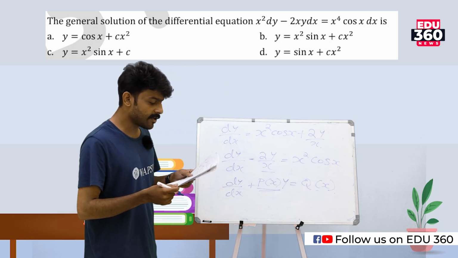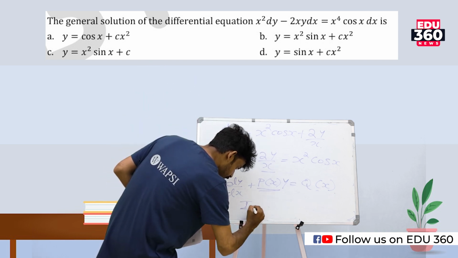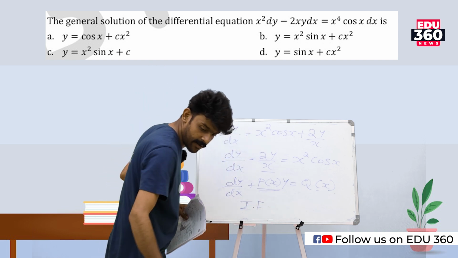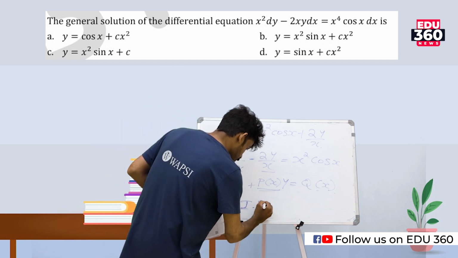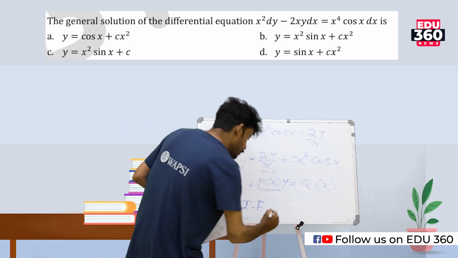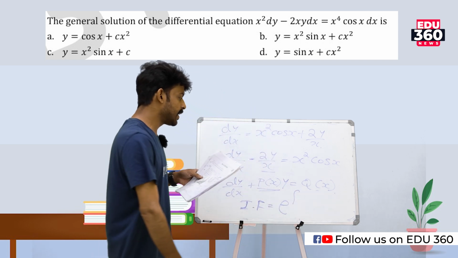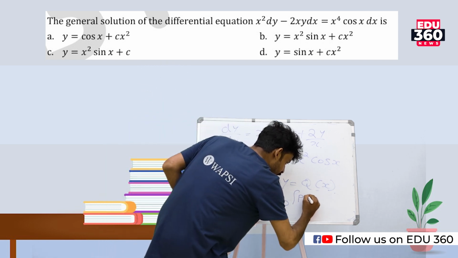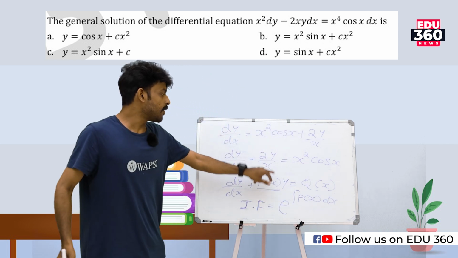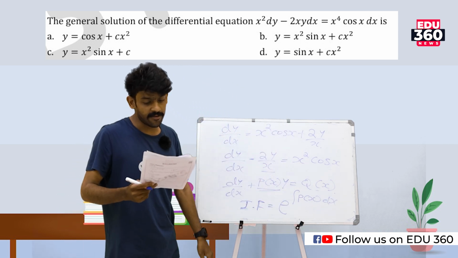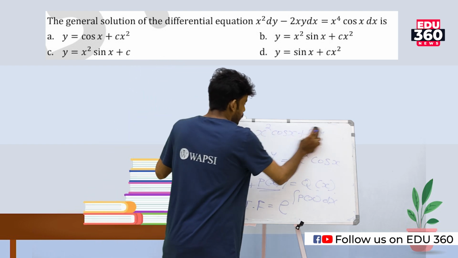So the integrating factor is equal to e raised to integral p of x dx. The value of p of x is equal to minus 2 by x. So we can write that step here.